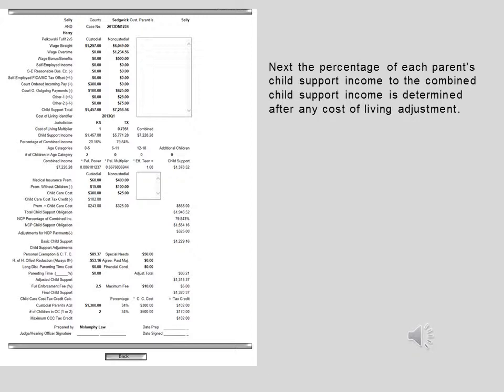Next, the percentage of each parent's child support income to the combined child support income is determined after any cost of living adjustment.